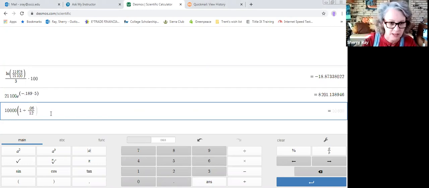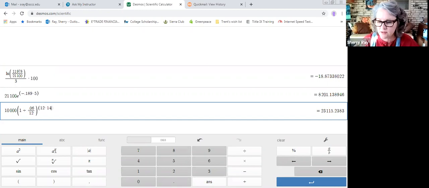I need to close my parentheses here. My exponent, do the a to the power b. I'll probably need parentheses around 12 times 14.